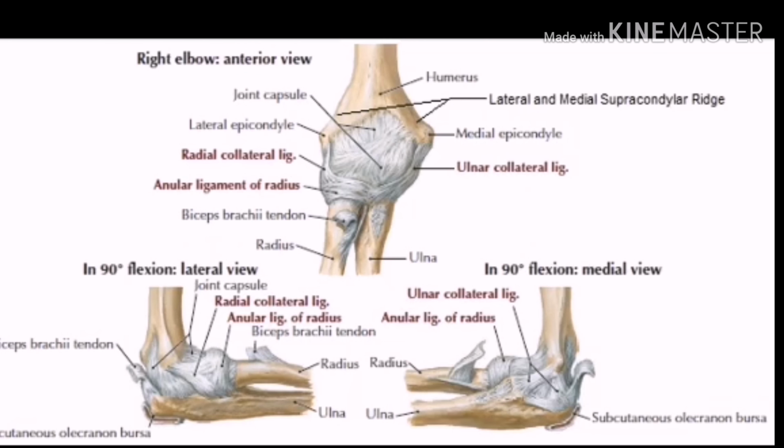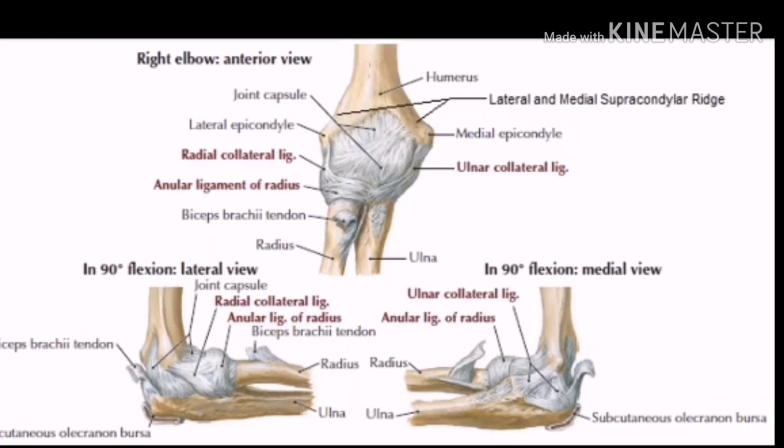Okay, now I want to talk about the instability scale, which was described by Morrey. Type 1, posterolateral rotatory instability, which has a positive pivot shift test and lateral ulnar collateral ligament disruption. Type 2 will have varus instability, lateral ulnar collateral ligament, plus anterior and posterior capsule disruption.